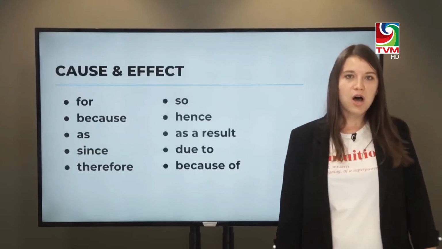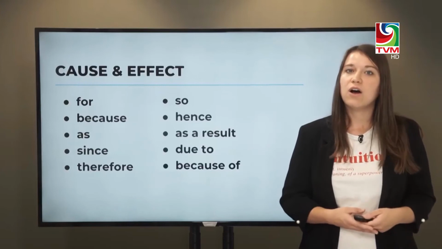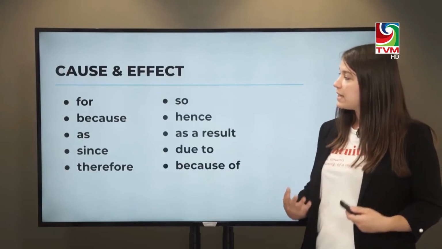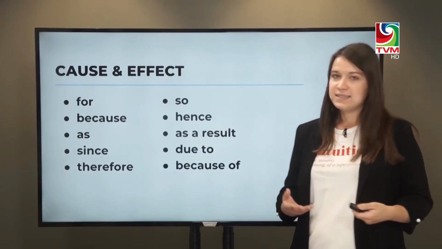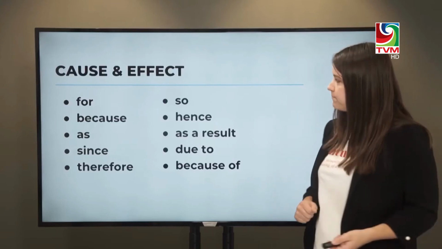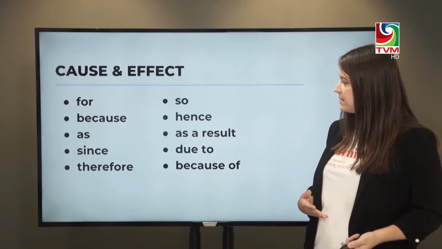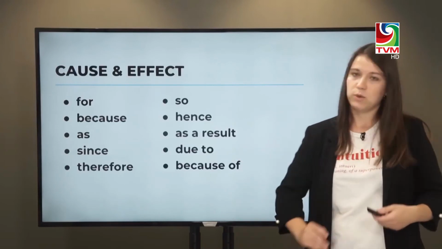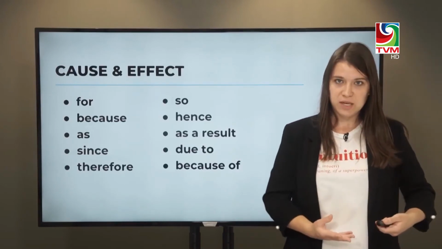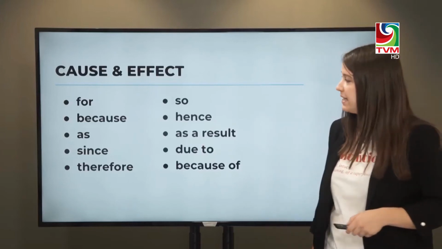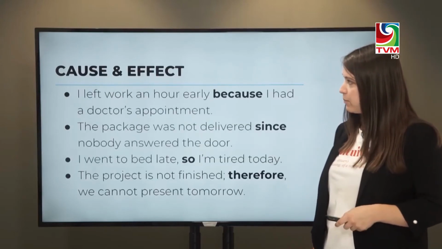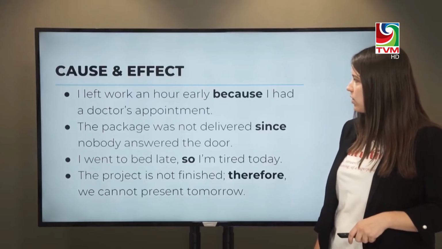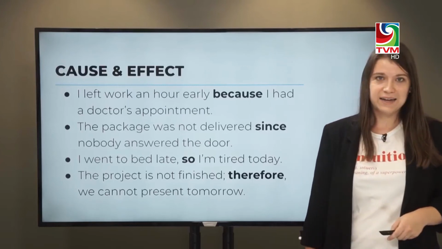Okay, now cause and effect. These are words like for, because, as, since, therefore, so, hence, as a result, due to, or because of. Okay, so when we show a result of something, we use these cause and effect sentence connectors. For example, I left work an hour early because I had a doctor's appointment.